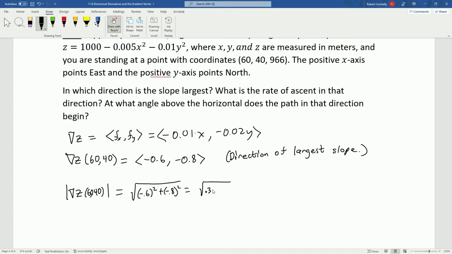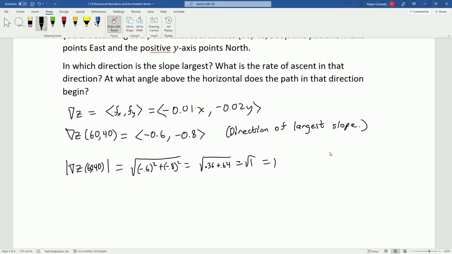That's 0.36 plus 0.64. That's the square root of 1, which is 1. And so what is the rate of ascent in that direction? Okay, so if you imagine this diagram here, that this horizontal vector here, it's not the x or y axis. This is going to be the gradient of z at the point.